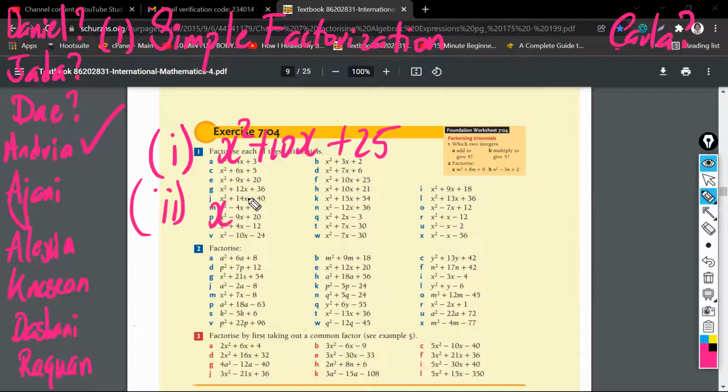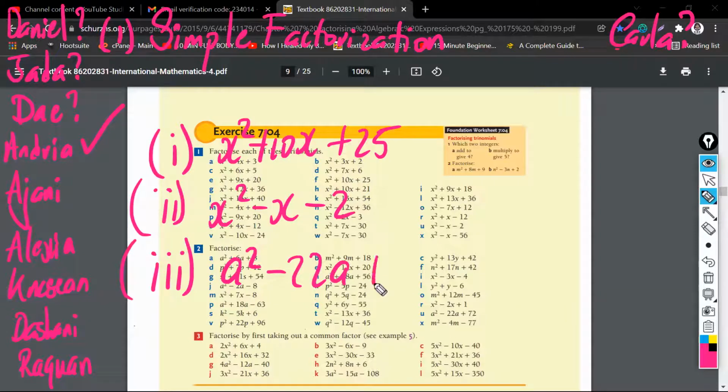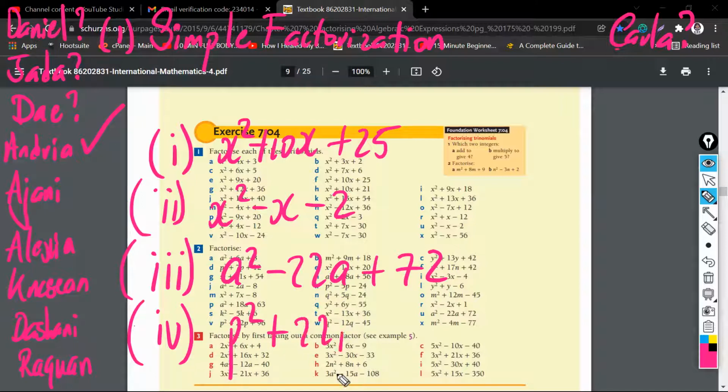X squared minus x minus 2. That's a good one. Let's do another one now. A squared minus 22a plus 72. And then the last one, let me make it p squared plus 22p plus 96.